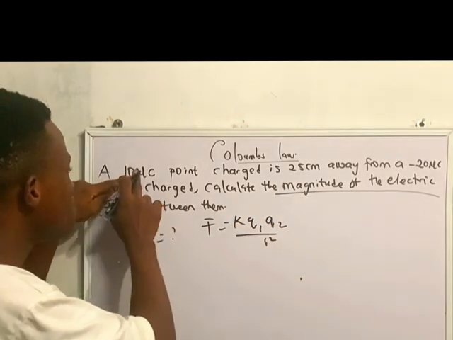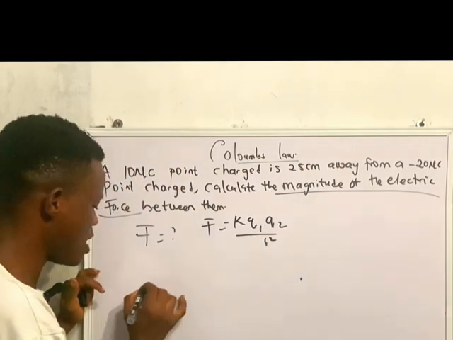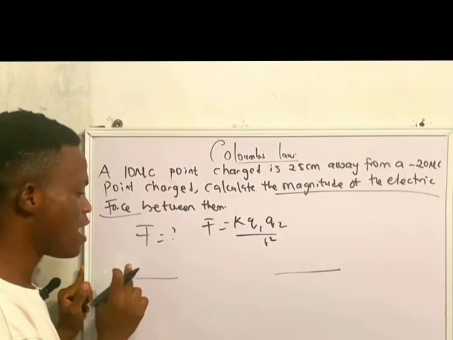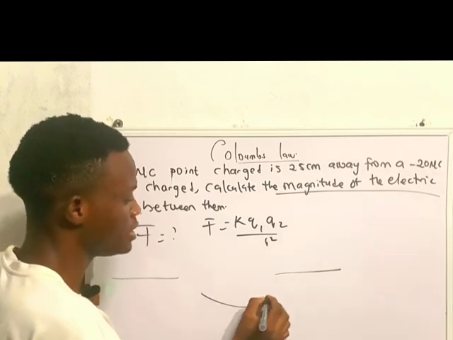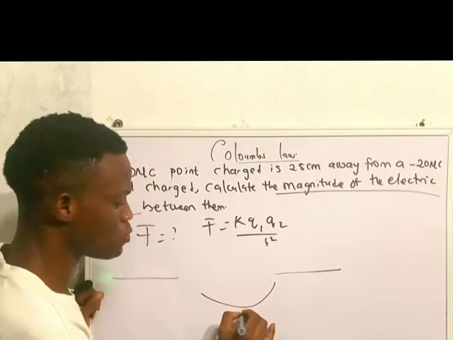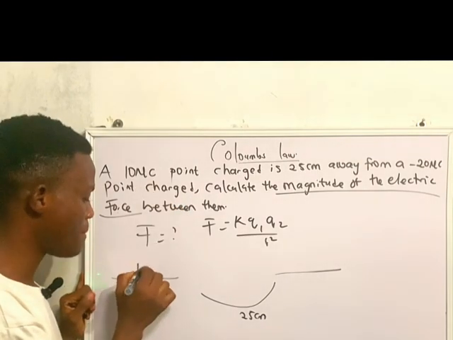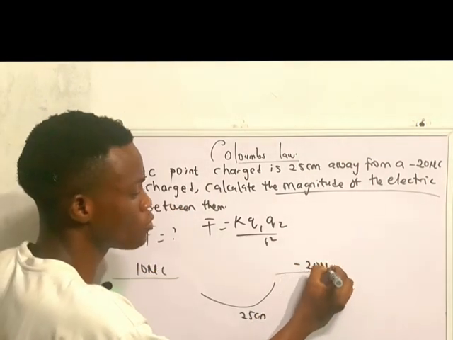Now, a 10 microcoulomb point charge is 25 centimeters away. Let's assume we have a charge here and another charge here, and this represents the distance of 25 centimeters. The first one is 10 microcoulomb and this one is minus 20 microcoulomb.